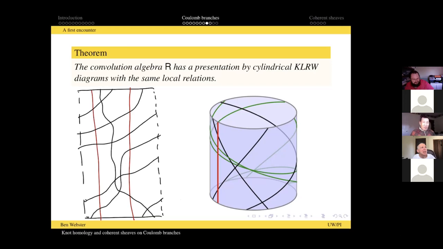As a special case, when 2 out of 3 indices are equal to 0 or something like that, you have just the W algebra for GLN acting on the cohomology of the moduli space of framed sheaves on CP2, this AGT story.